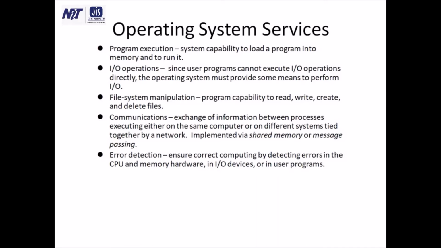In file system manipulation, programs have the capability to read, write, create, delete, or update programs or files. In communication, there is exchange of information between processes executing either on the same computer or on different systems tied together by a network. For this, we use shared memory or message passing. Error detection ensures correct computing by detecting errors in the CPU and memory hardware, in IO devices, or in user programs.